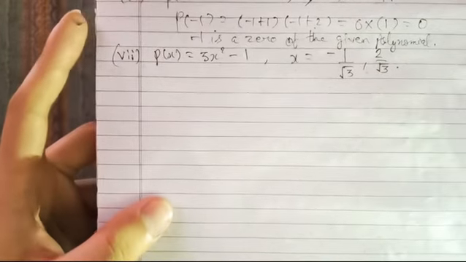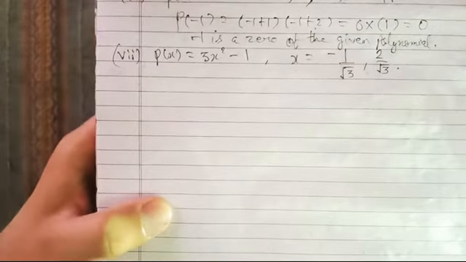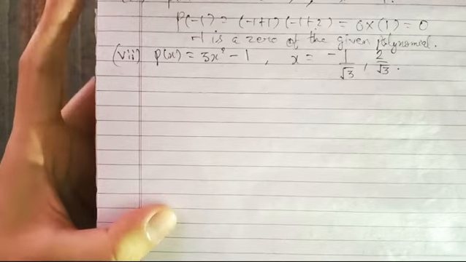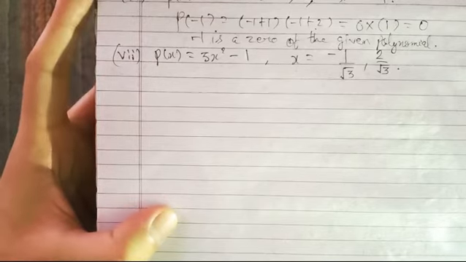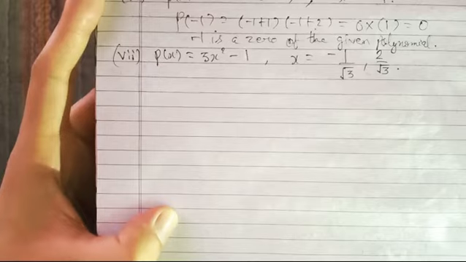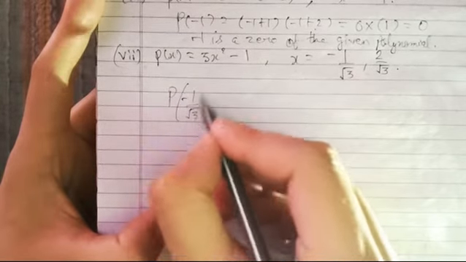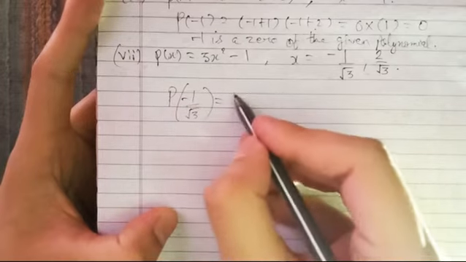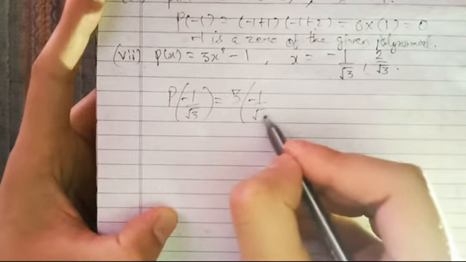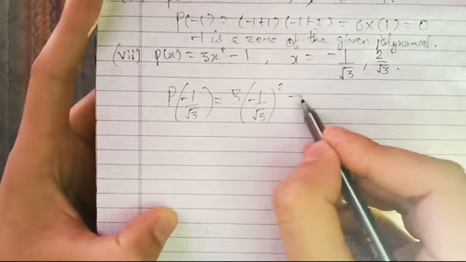Now P(x) is equal to 3x square minus 1, and now we will put x equal to minus 1 upon root 3 and 2 upon root 3. So first we put minus 1 upon root 3 into the polynomial. So 3 into (minus 1 upon root 3) whole square minus 1.